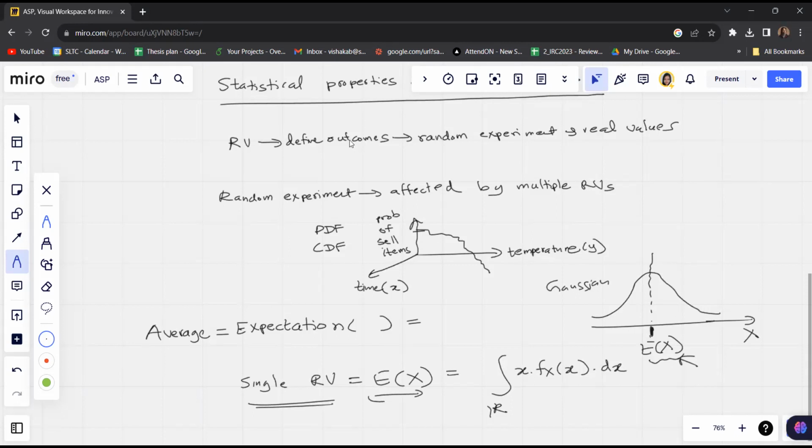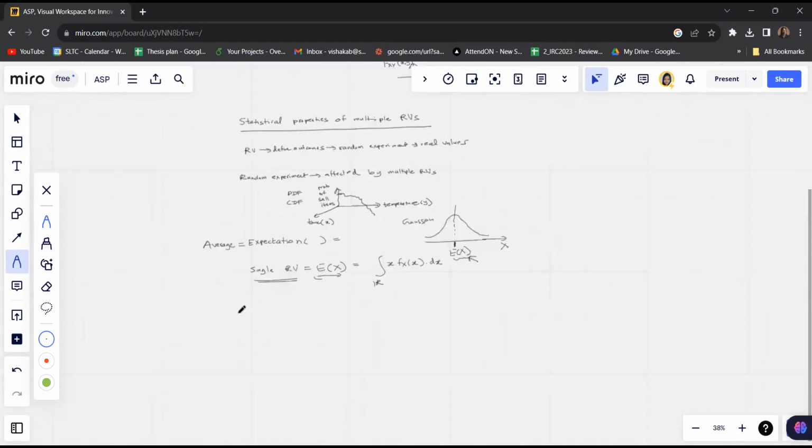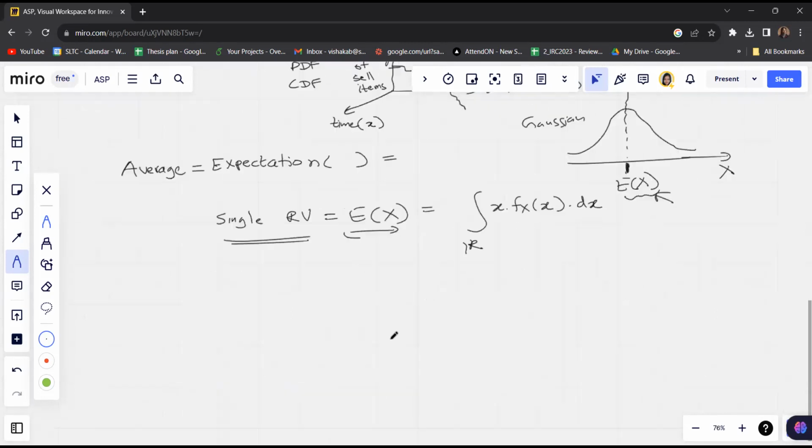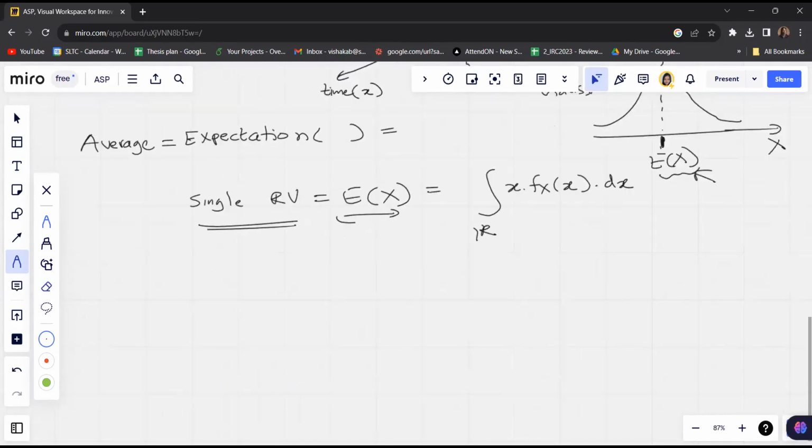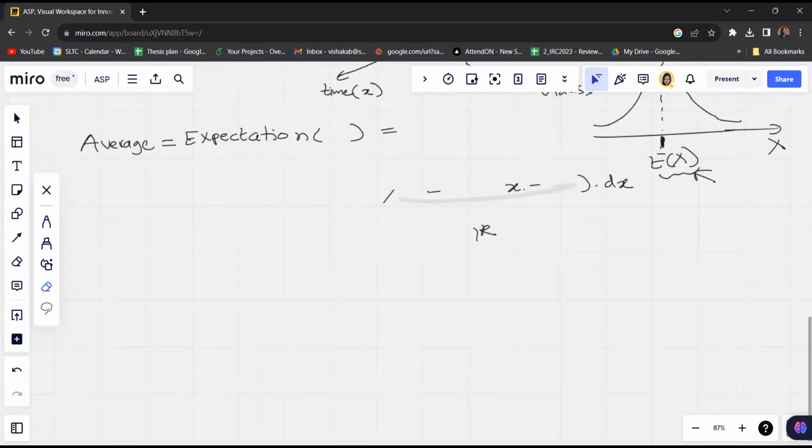For the multiple random variable case, we can define the expectation operation with two random variables, using this integration, same as before.